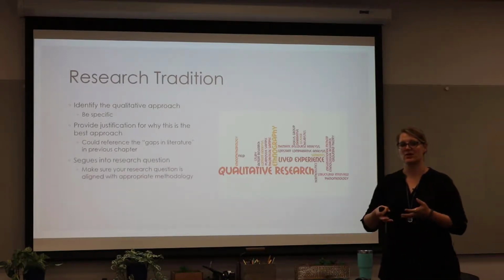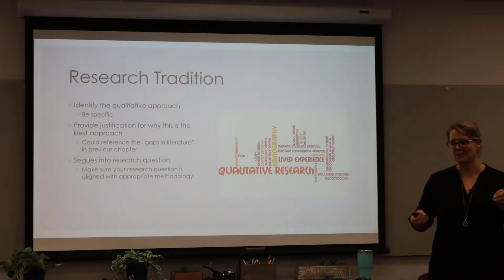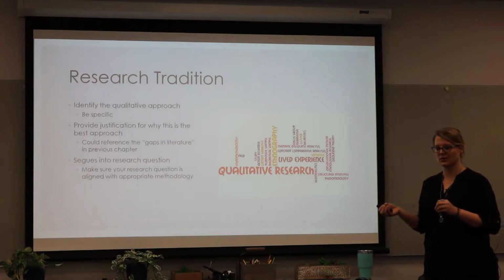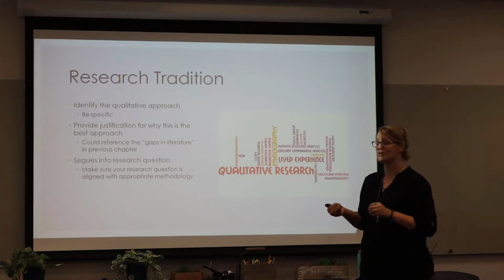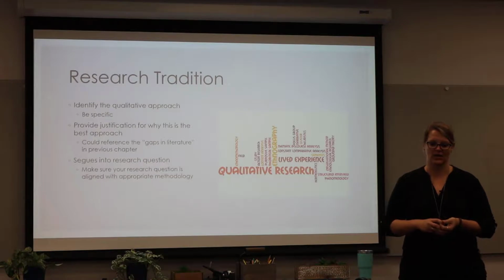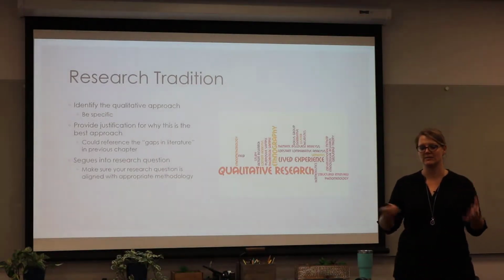And then this segues into your research question. So you've probably already stated that in your chapter 1, and then you want to state it again here. The important part about your research question is to make sure that it's aligned appropriately with the methodology that you're using. So in qualitative research, those are generally broader, more open-ended questions.